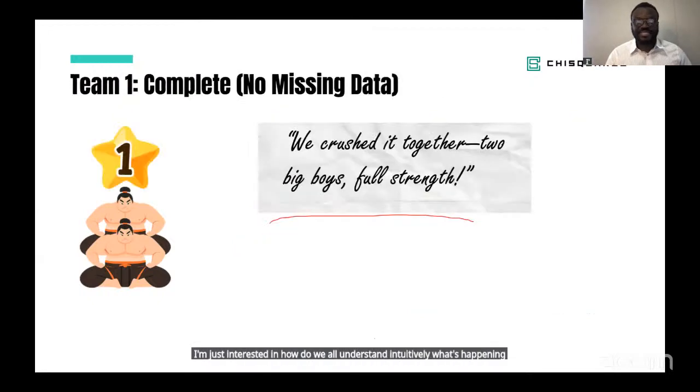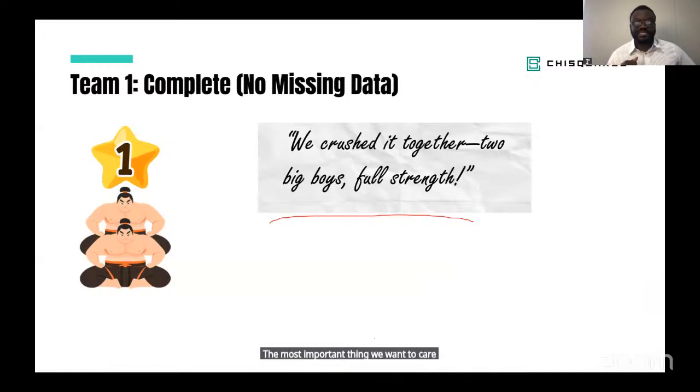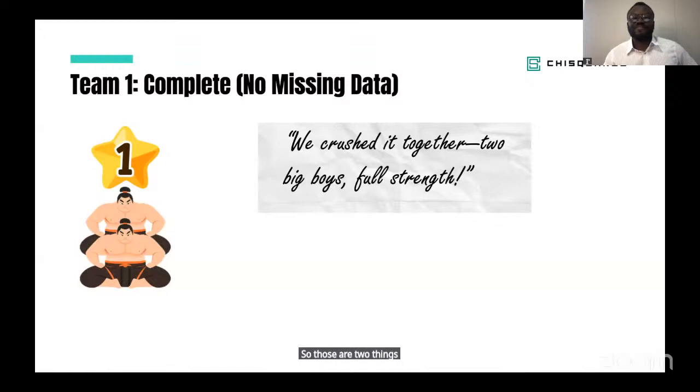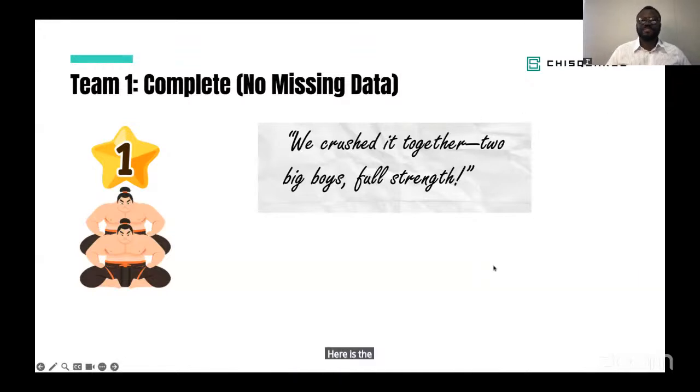So that's the framework. Now, the most important thing we want to care about when we're evaluating decisions about missingness are 2 things. We care about validity and we care about precision. Now, for the sake of our illustration, here are the rules.